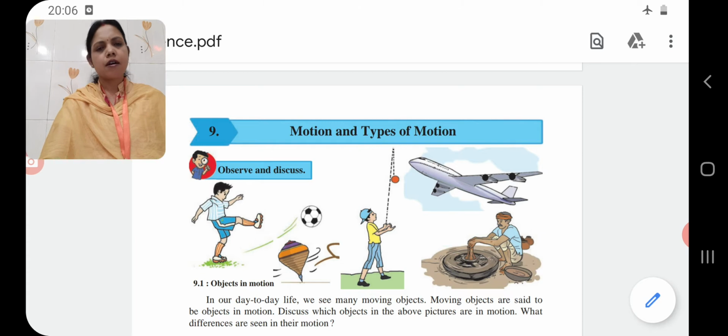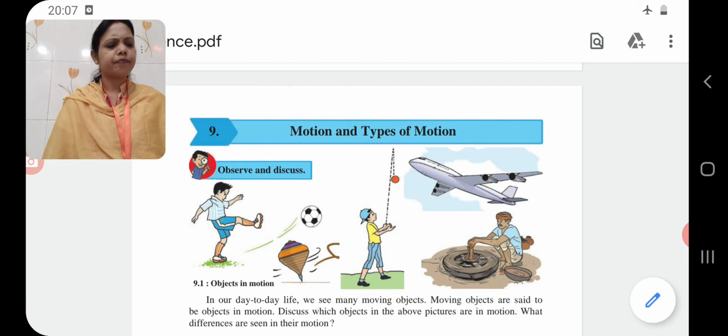Third, men and women as well as children walking and playing in the garden. All these things are around us only. Everyone knows these examples. So children, I have given simple examples which you all have understood.